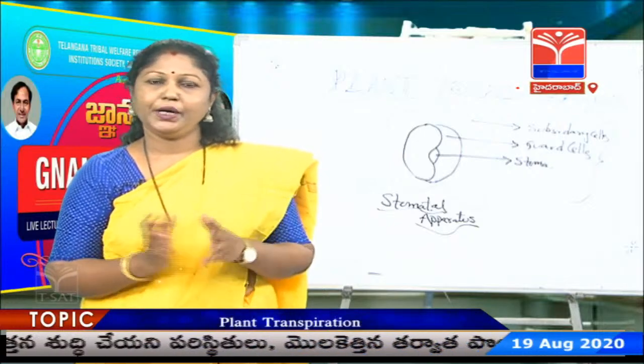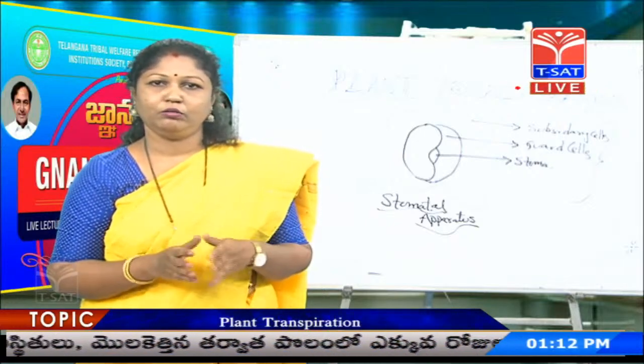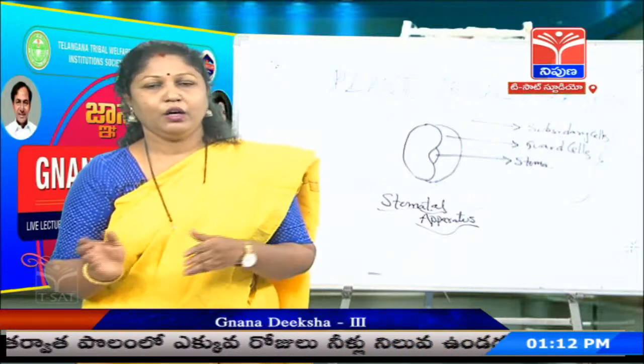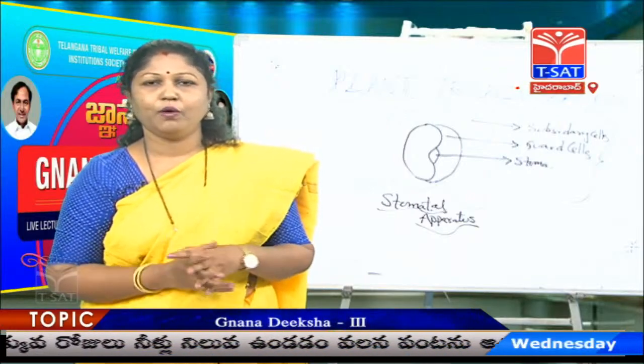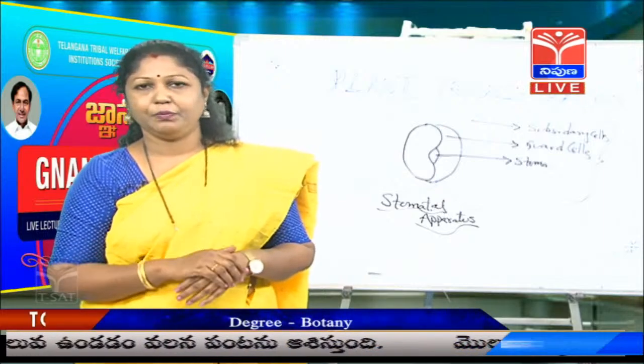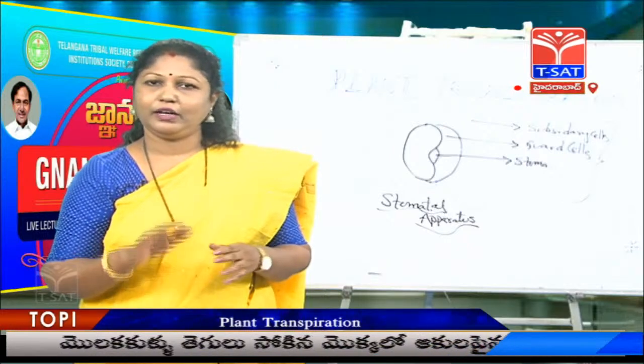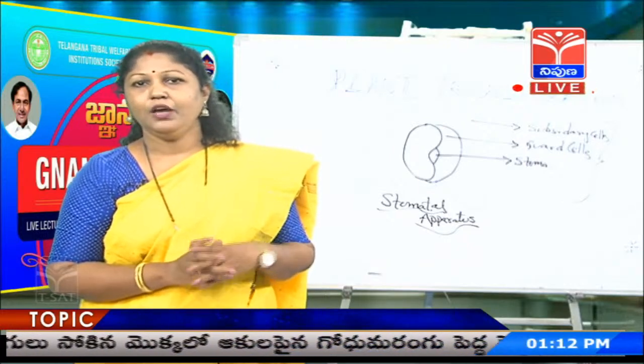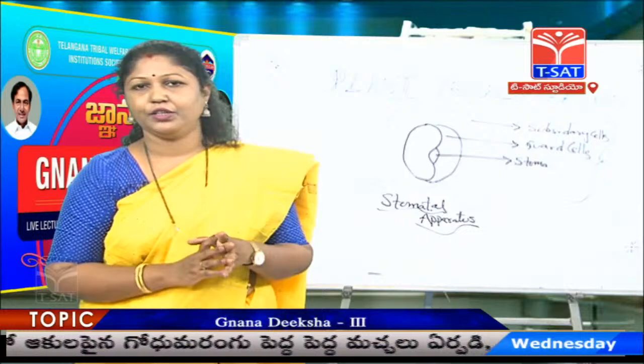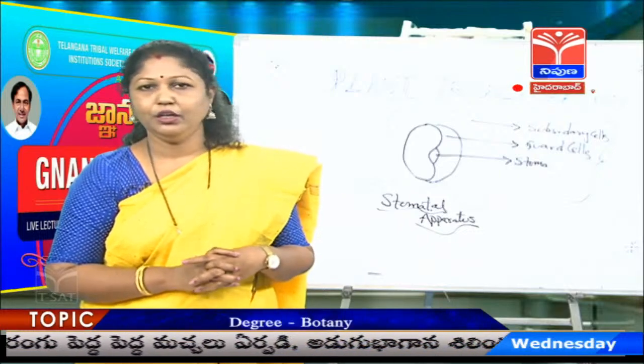But when we look into wet areas, like the Amazon, or where plants are very close to the water, we find that the rate of transpiration is quite low. So, in humid conditions the transpiration rate becomes less, whereas in arid or dry conditions the rate of transpiration increases.